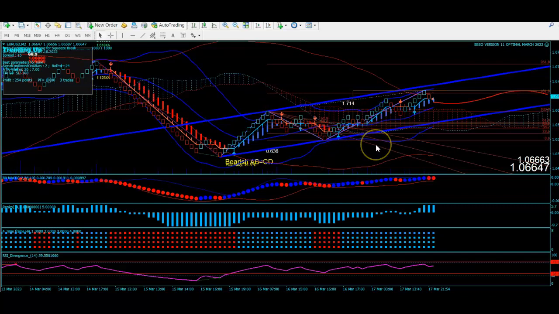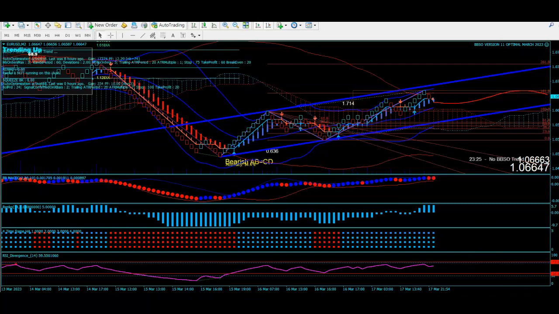Were you to use on Renko a normal BBSO classical way of entering, 3 boxes up, 3 boxes up, you go in, okay, and you go out here. That's not a bad trade, but here you're getting a bit of fluff, okay, you're getting exit here, entry here, exit here, entry here.